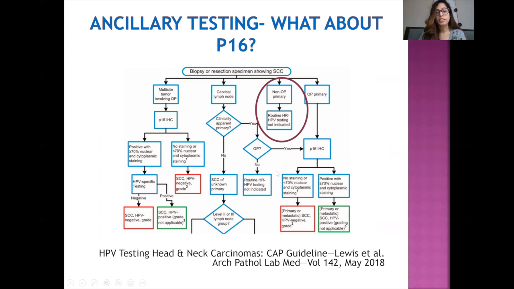According to this paper, which is a guideline from the College of American Pathologists as well, in a non-oropharyngeal primary, routine high-risk HPV testing is not indicated. So we don't do P16 testing when it's an oral cavity primary like we just had.